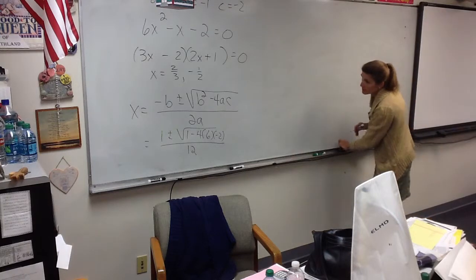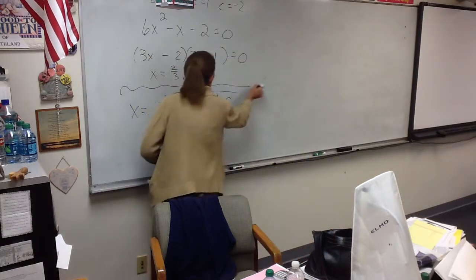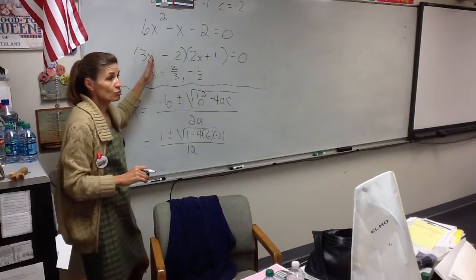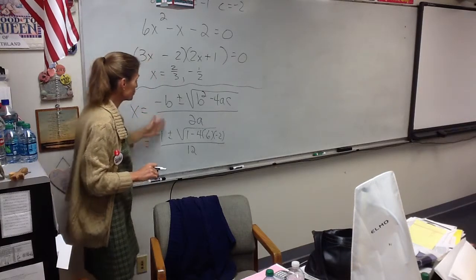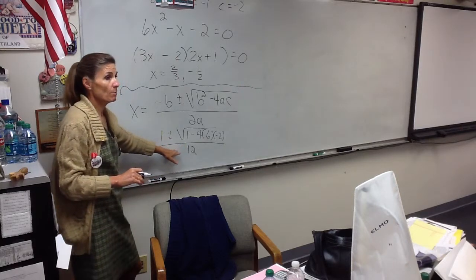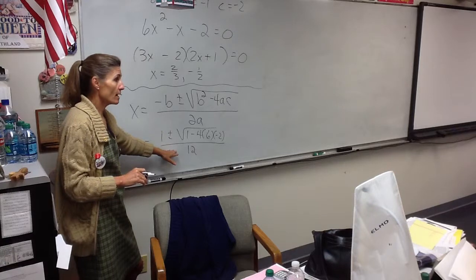So let me back up and slow down here. I did the problem one way already. I factored it. That factoring is tricky. Sometimes we struggle with that a little bit. So I said, hey, let's just use the quadratic formula. This is what I ended up with. Okay?